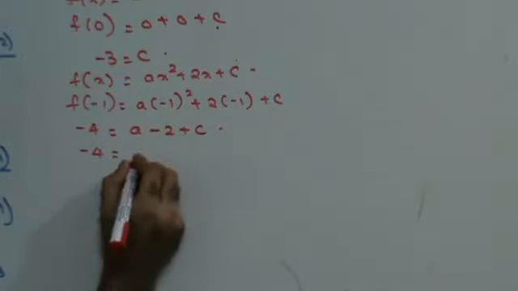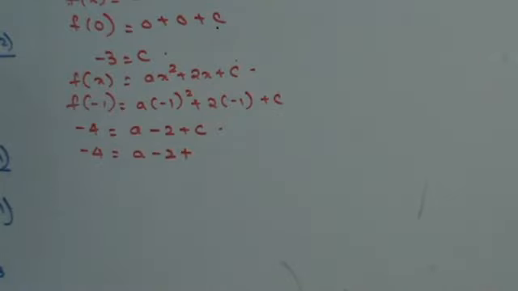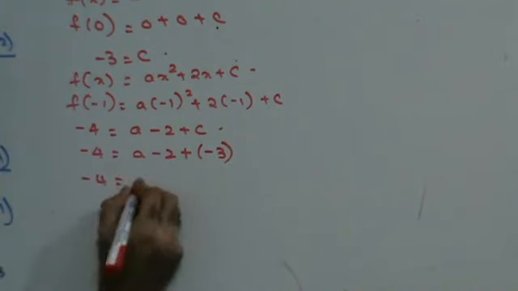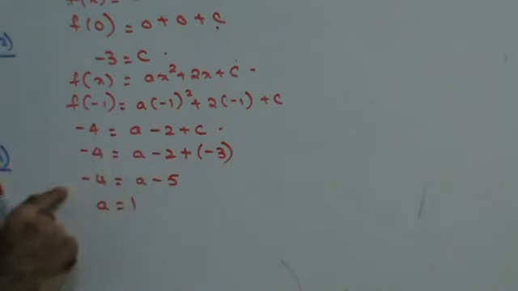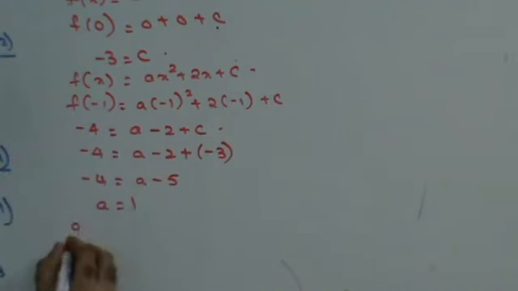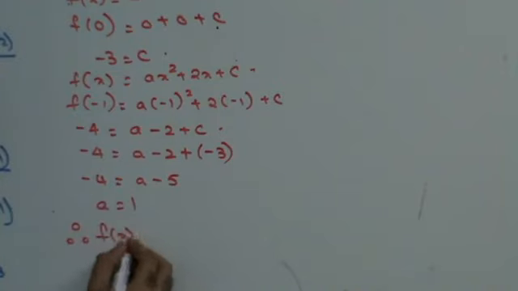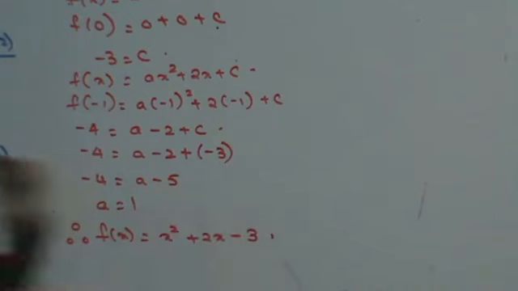Minus 4 is a minus 2 plus c. We have already found out the value of c as minus 3. So minus 4 is a minus 5. a is 1 because minus 5 goes on this side, becomes plus 5. 5 minus 4 is 1. Therefore I will get f of x is equal to x square plus 2x minus 3. Right, do we get this?